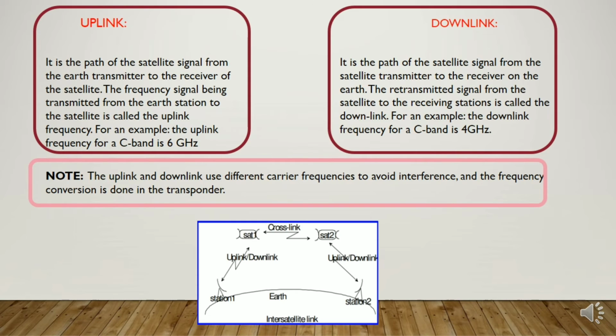Station 1 will be uplink and downlink, and station 2 will upload back. Before giving back the information, it must be the uplink and downlink. So that's how the satellite system functions.